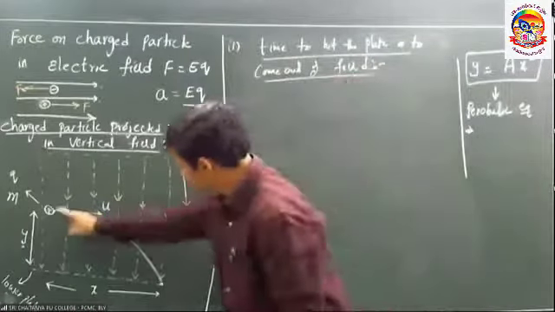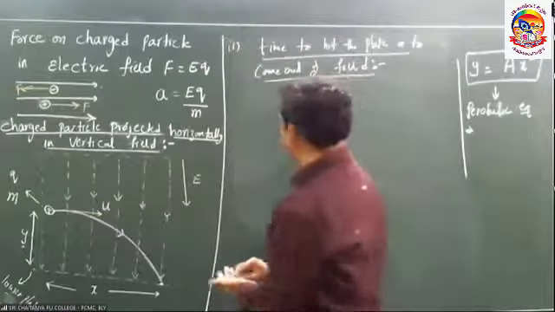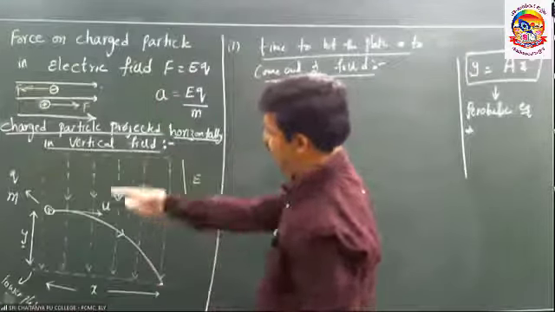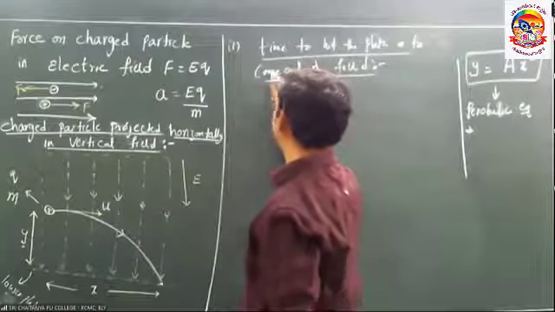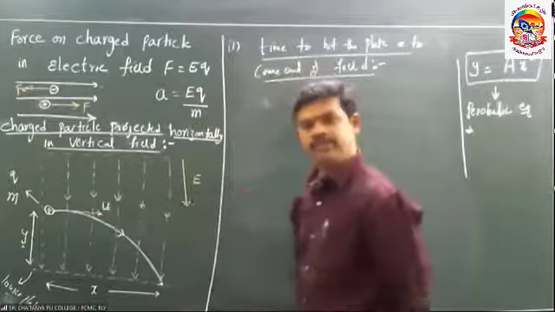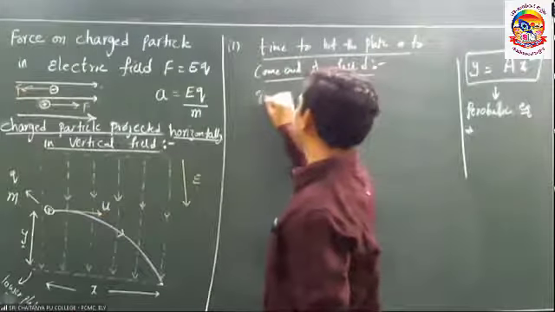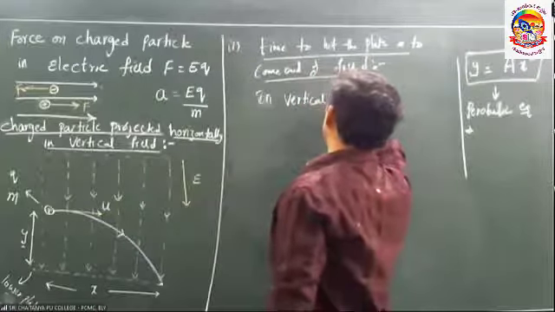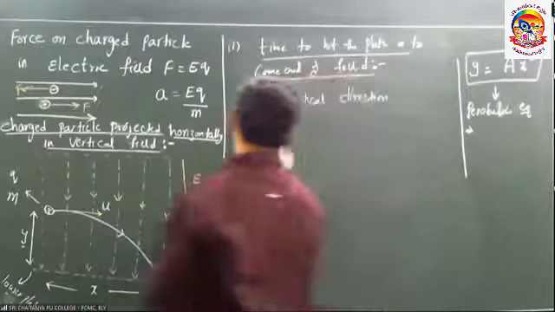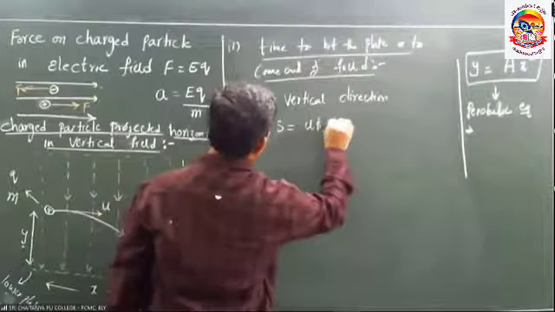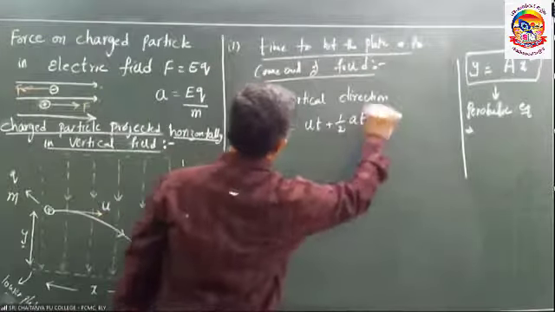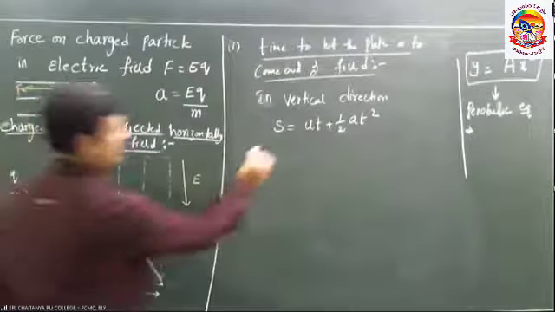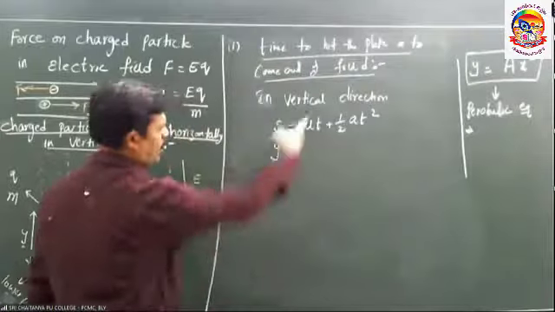See, in what direction? In vertical direction. I want time. In vertical direction, what is displacement? Displacement is y. Then I apply s is equal to ut plus half at square. s is what? y. u is what?